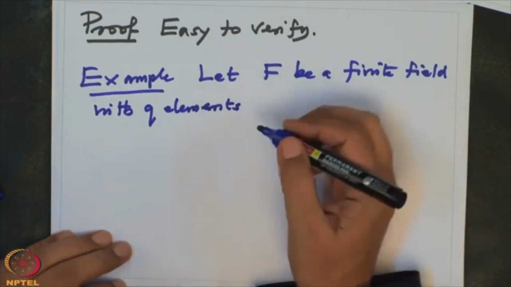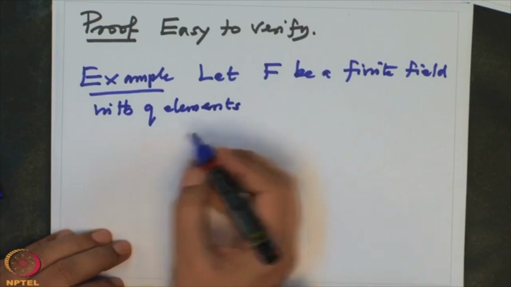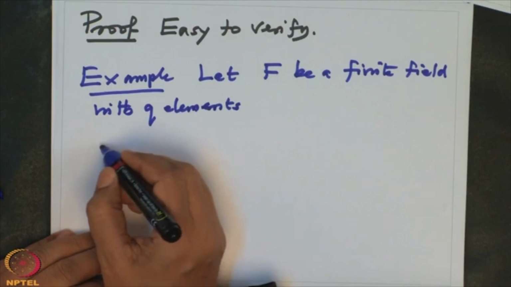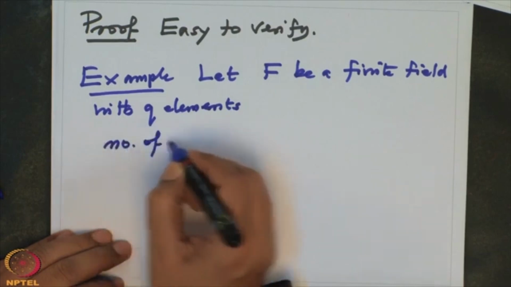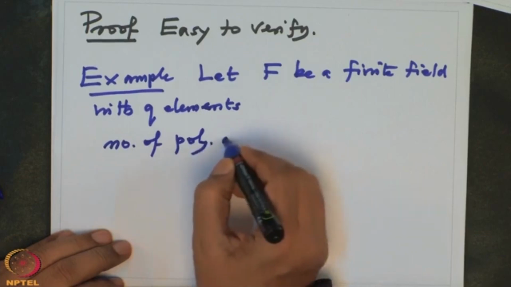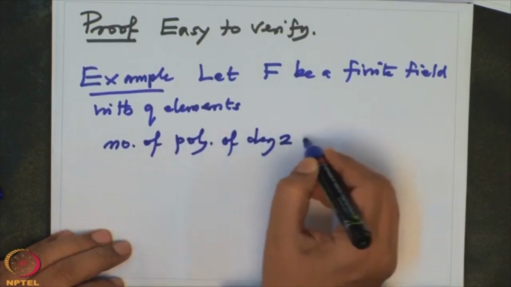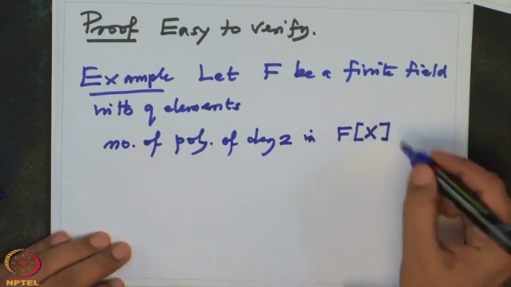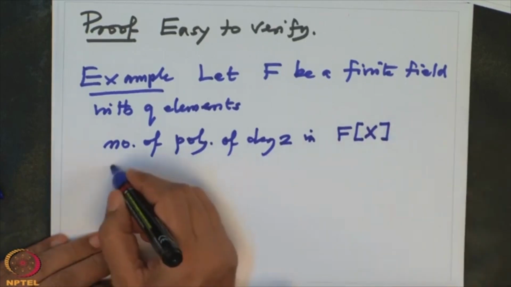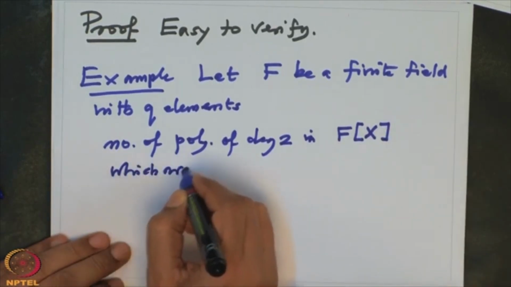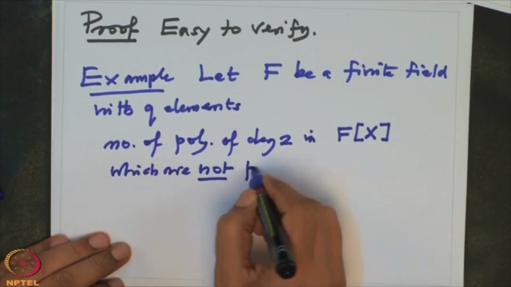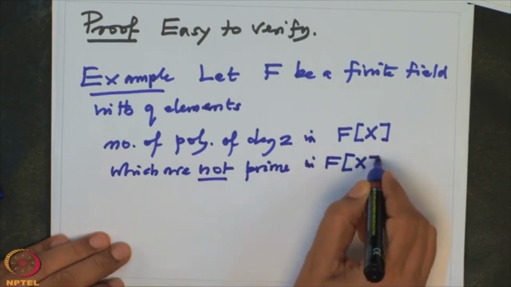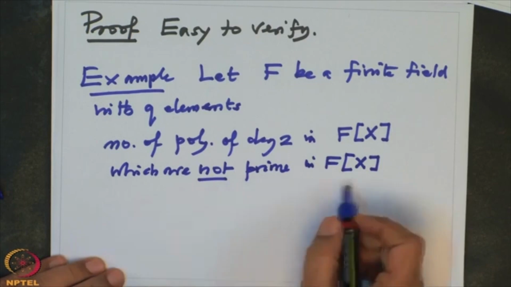Now I want to count the number of polynomials of degree 2 in F[x] which are not prime in F[x]. So how do I count that?